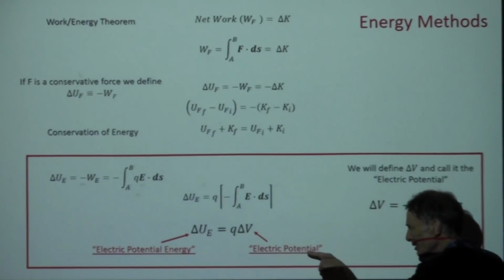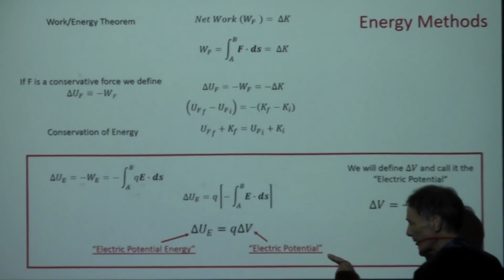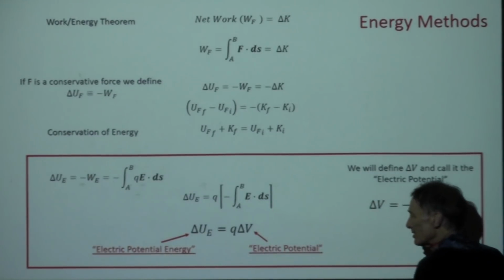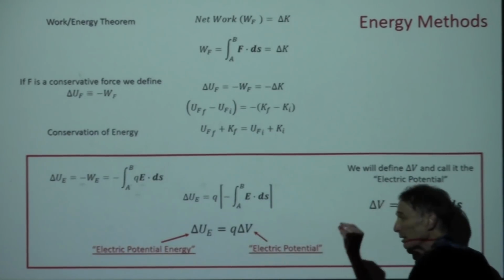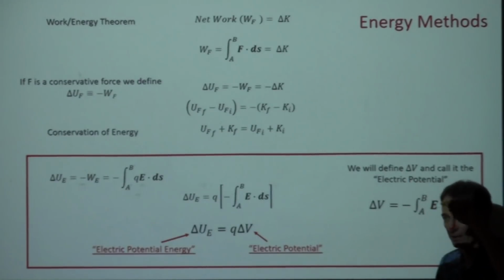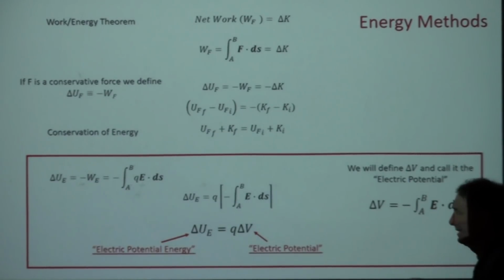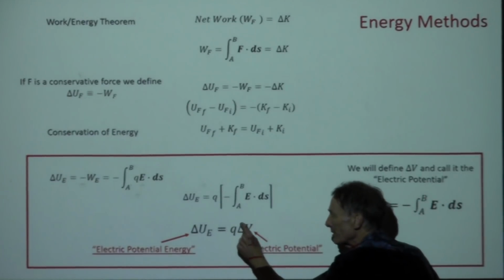So watch the use of the language, the electric potential and then the electric potential energy. The electric potential is just the potential at some point. It would be like saying, is there a gravitational field at that point? Well, you don't know till you put a mass there. Here we don't have any potential energy.